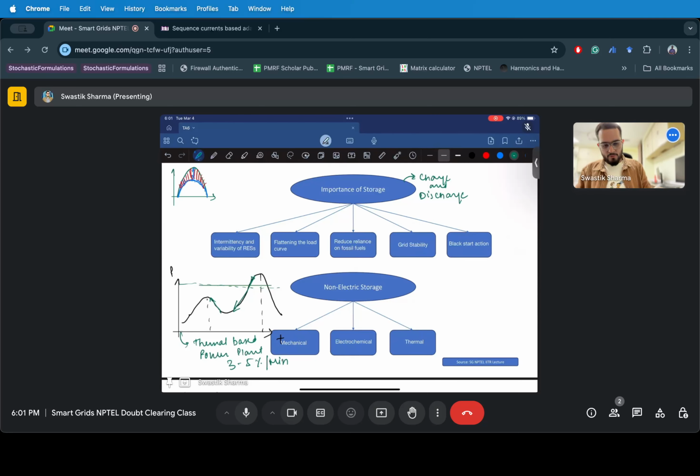But let's say you want to have this flat load profile. What you can do is you can charge at low demand, and you can discharge at periods of high demand, right? Using this, you can flatten the load curve so that it can be easily maintained by the system operators, right?